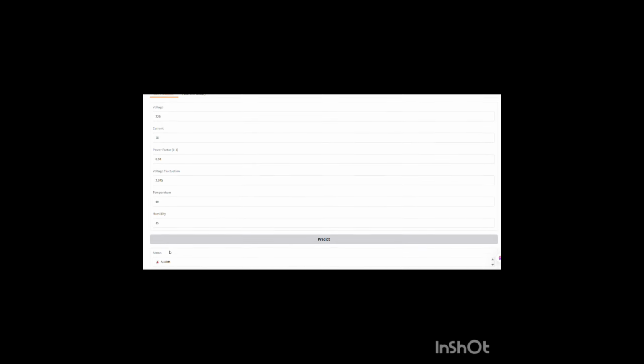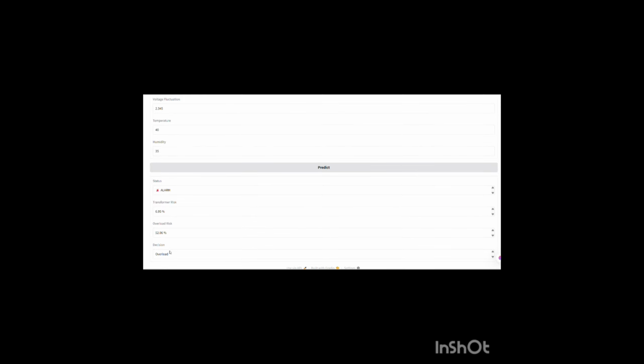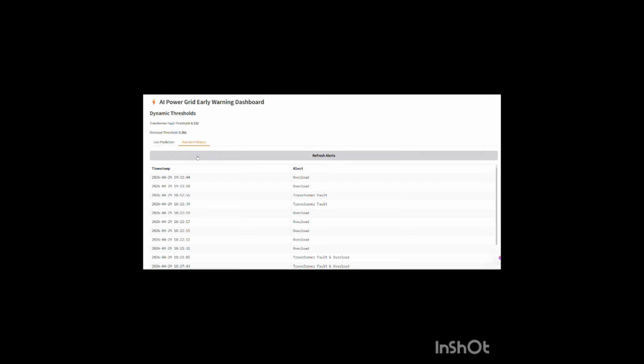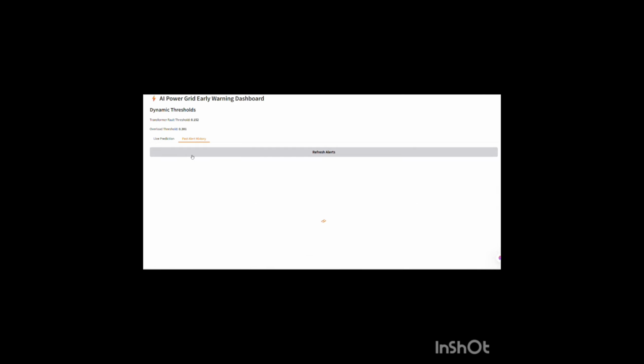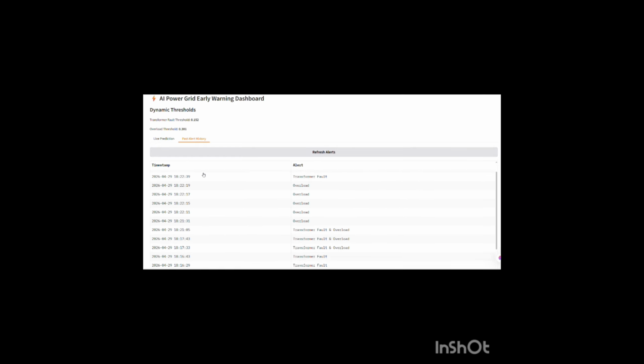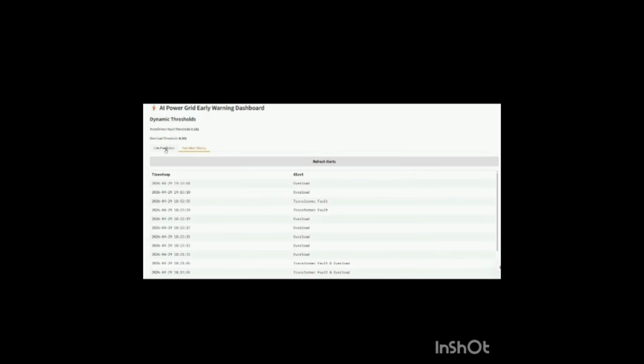Now this leads to an overload risk condition, as the value of the predicted risk is more than the overload threshold. It predicts that this may lead to an overload condition and the grid may fail due to that. Users can also see the past alert history with the timestamp and the date, and also the reason for the power grid failure.